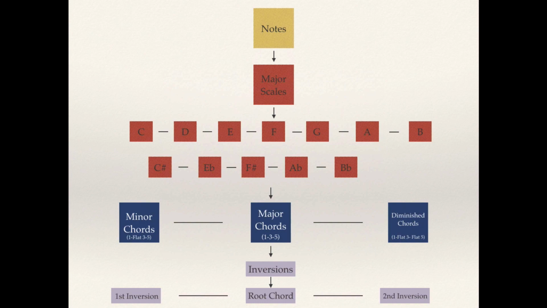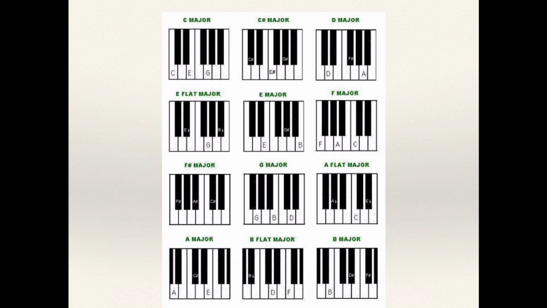After we get through the major scales, we are going to the major chords. There are 12 notes, like I said, and every note has its own major scale, and every note also has its own major chord. This is a bird's eye view of all the major chords.